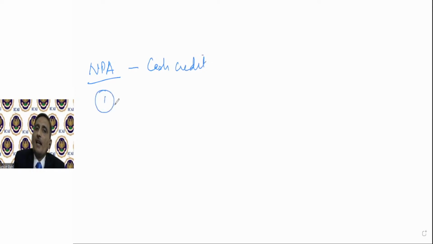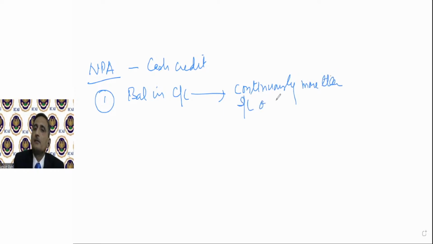Number 1, if the balance in the cash credit account is continuously more than sanction limit or drawing power, because we know that drawing power can be lower than sanction limit, I have already told you, if it is continuously more than sanction limit or drawing power for 90 days.